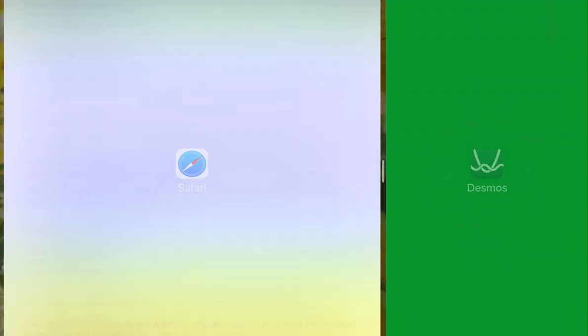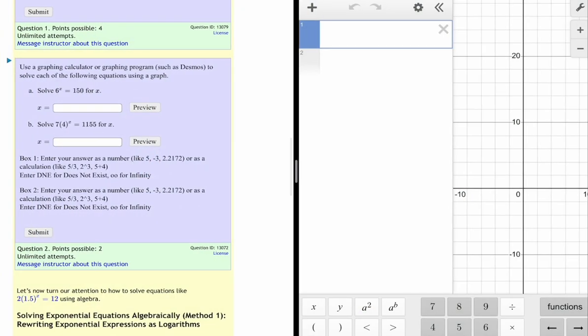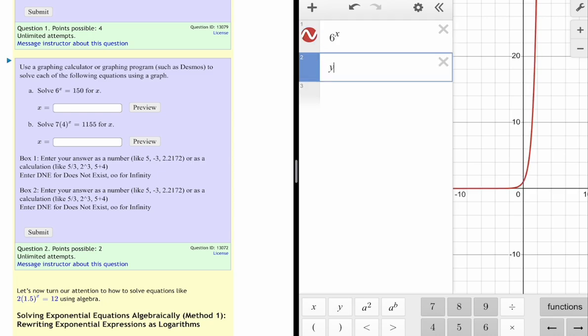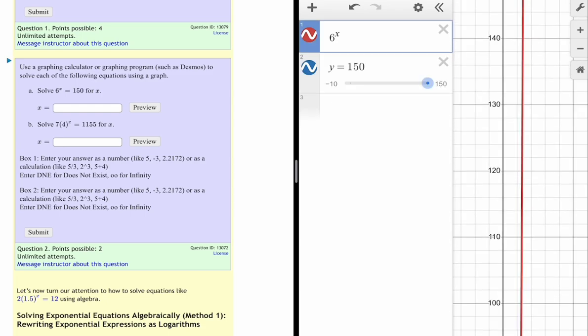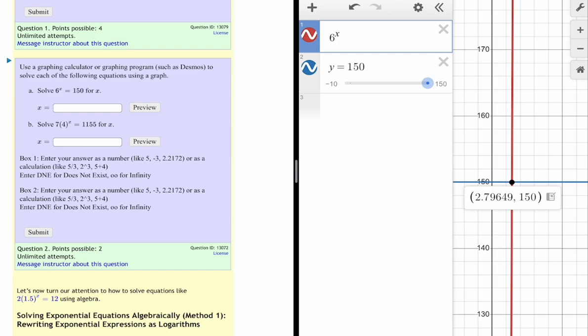And I'm going to put in the function 6 to a power of x. Now, mine says 6 to a power of x equals 150. I want to know when the height is 150, when this function is equal to 150. So I'm going to type, where does y equal 150? And I'm going to scroll until I hit 150. What is that point saying?